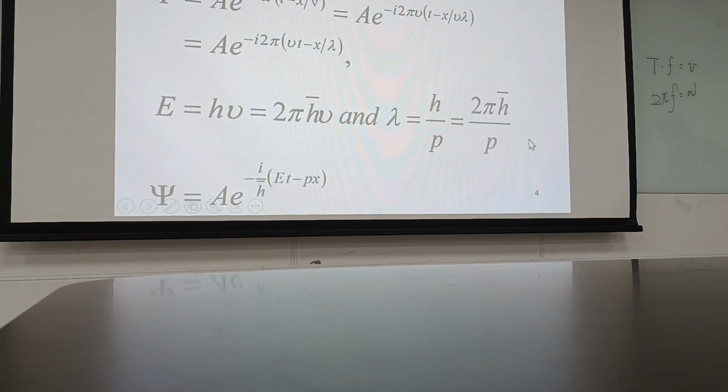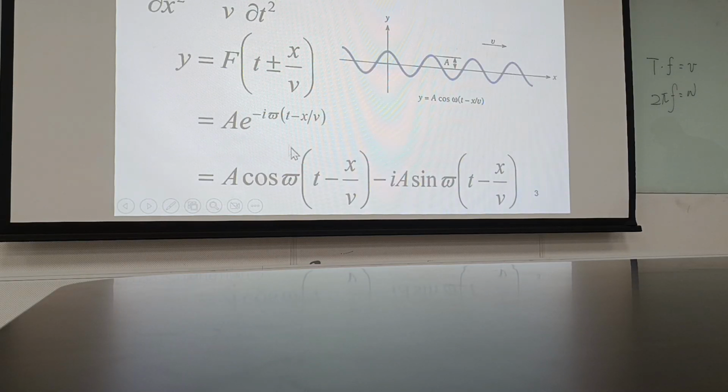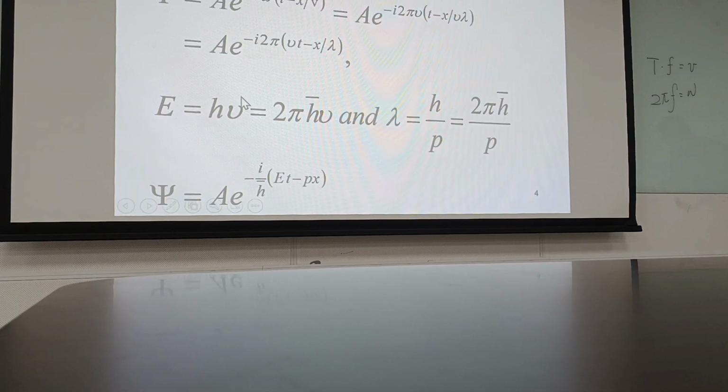And from all this, we say E equals h mu. Sorry, this mu is the frequency. Mu and v are different: v is the velocity, mu is the frequency. And mu equals 1 over T. In fact, this is mu.